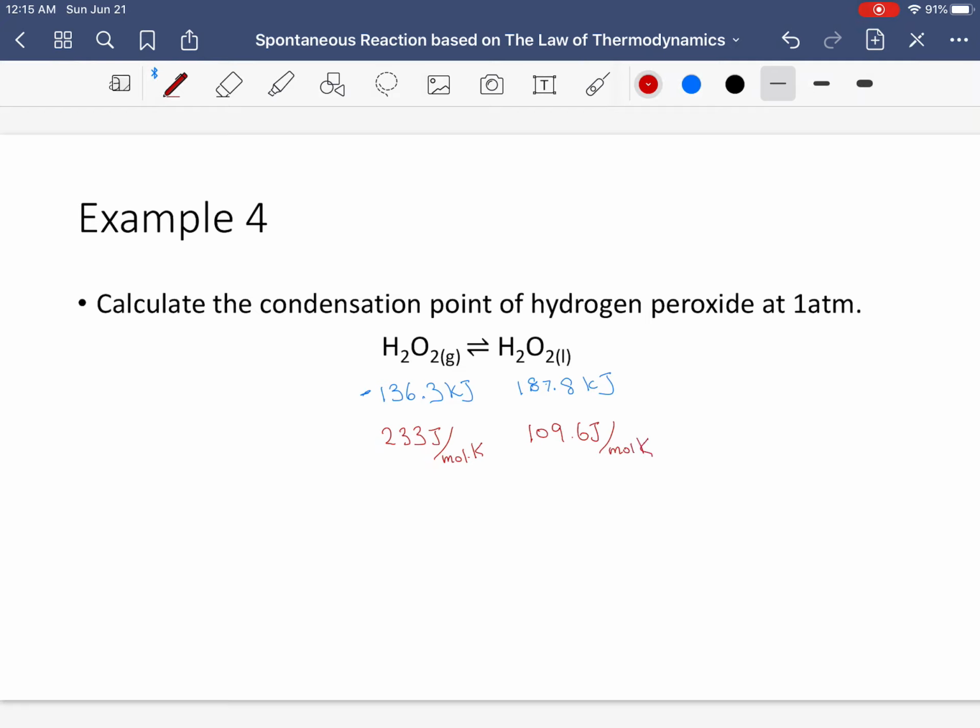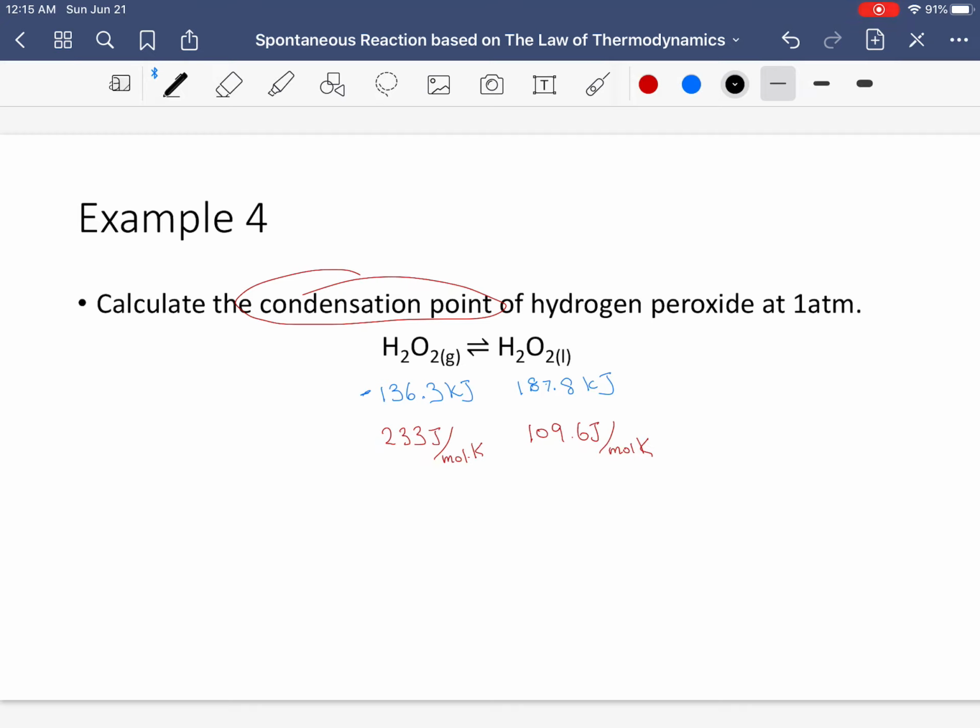There you go. Okay, so I want you to find out what the condensation point is for this reaction, meaning what is the temperature where gaseous hydrogen peroxide will condense back to liquid hydrogen peroxide.